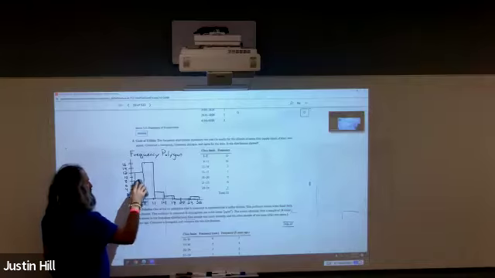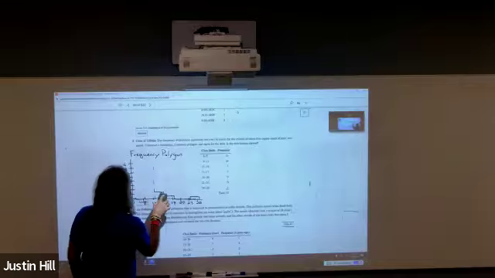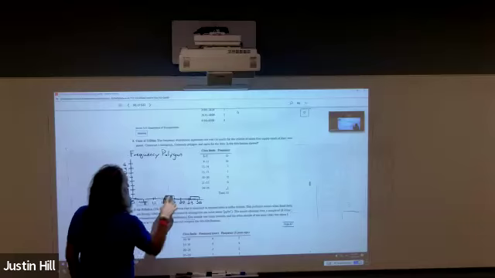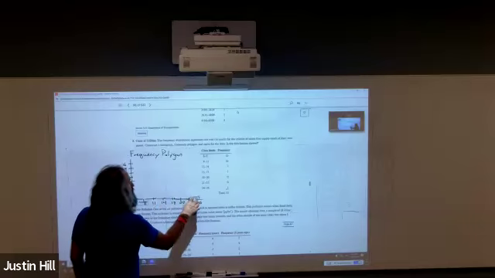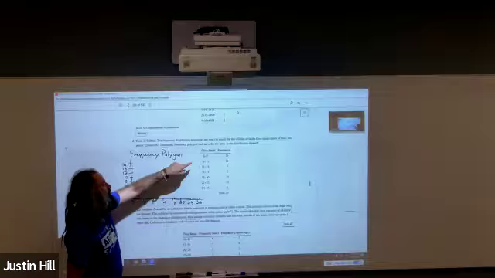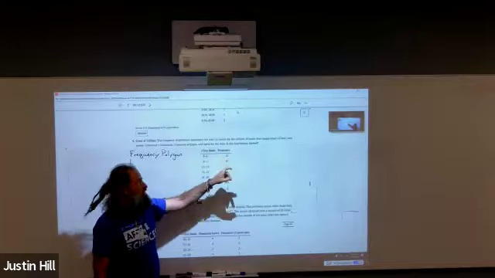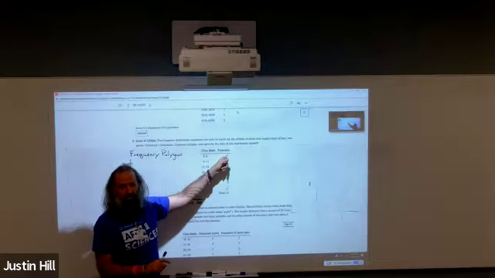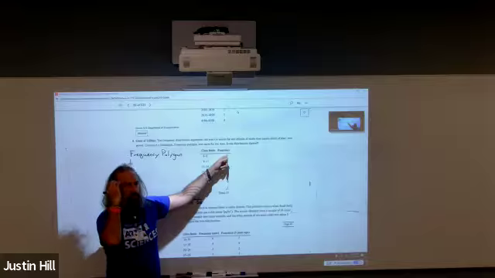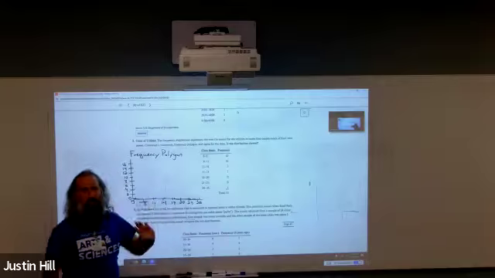All I'm going to do is take all these bars out. But for each bar, instead of having a bar there, I'm going to find the midpoint of each of these classes, and I'm going to mark the 12 there. So literally, instead of drawing a rectangle, all I'm going to do is mark a point at the midpoint of each of these classes.